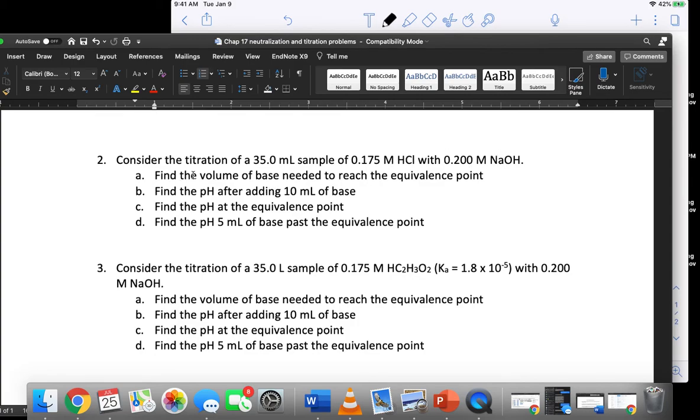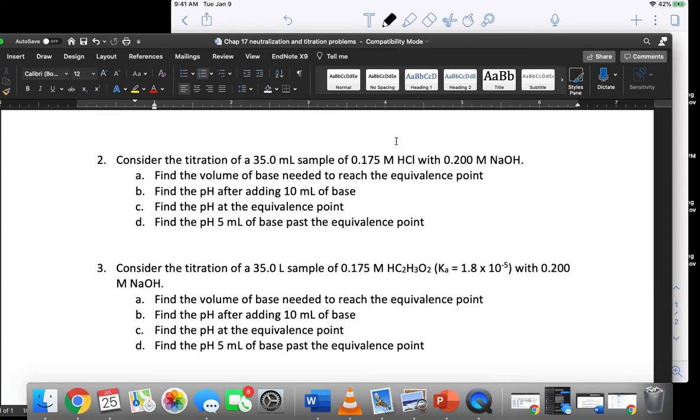The first part, A, is to find the volume needed to reach the equivalence point. So it's finding the volume of the sodium hydroxide we're going to have to add, since we already have a volume and a concentration for the HCl. Since this is 1-to-1, if we want to do that M1V1 equals M2V2 that I mentioned a second ago, we can do that and get away with it. Again, I usually like to think of it in a mole-to-mole relationship.